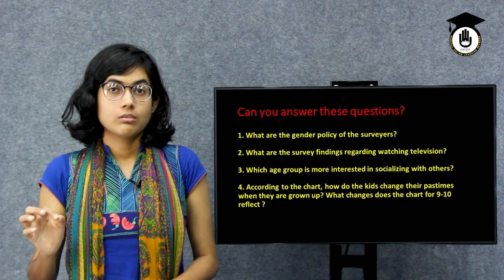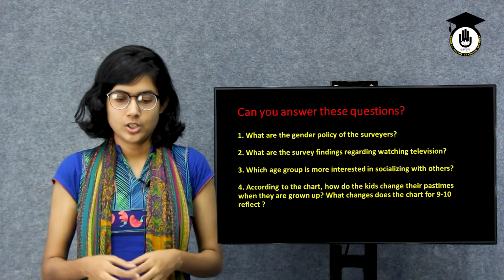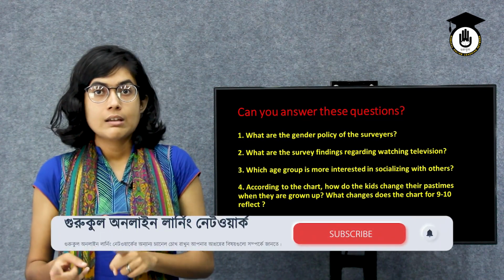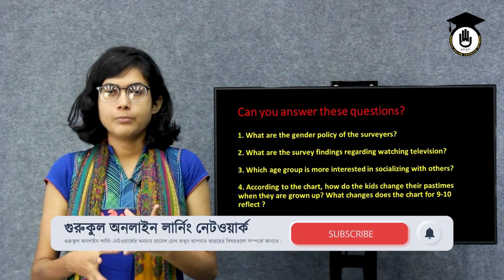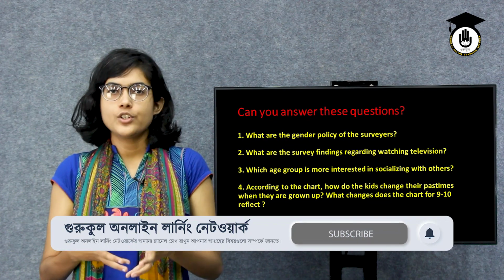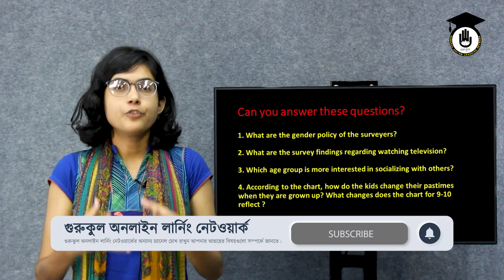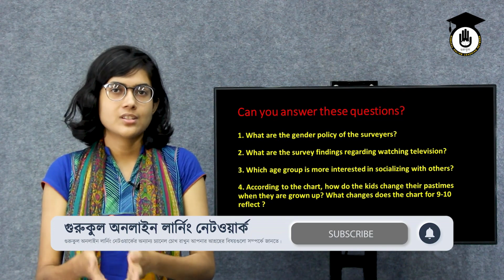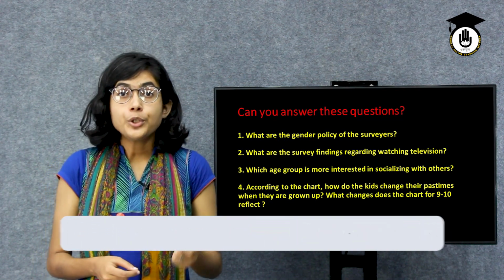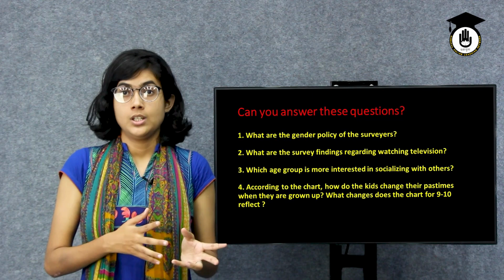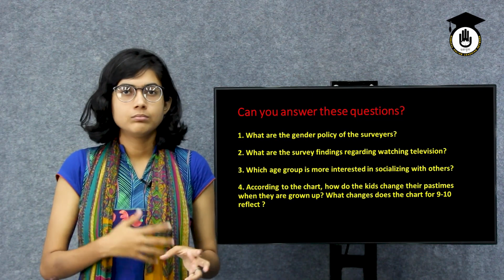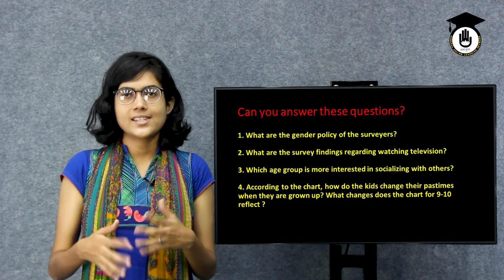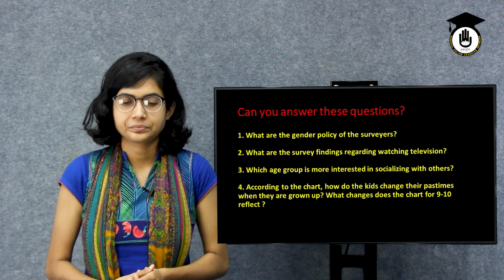A large percentage, like 31.2% from class 5 to 6, prefer watching television, and it was the first one to be preferred as their pastime activity. 17.2% from the class 9 to 10 group was interested in watching television as their pastime activity.